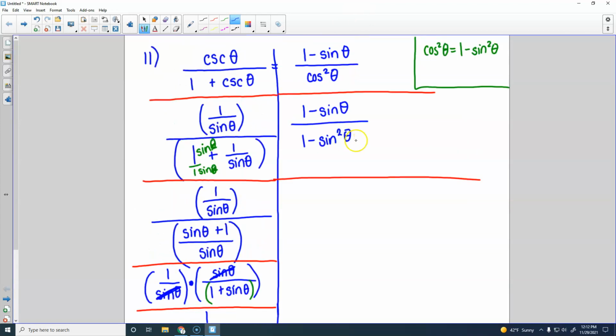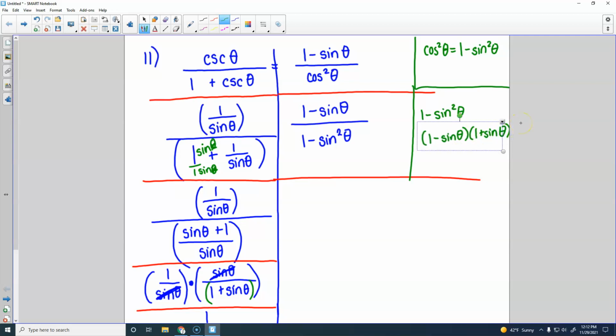To catalog away in your brains, if you see 1 minus sine squared theta, this is just like over to the side here, it will factor into 1 minus sine theta times 1 plus sine theta. It's a difference of squares.